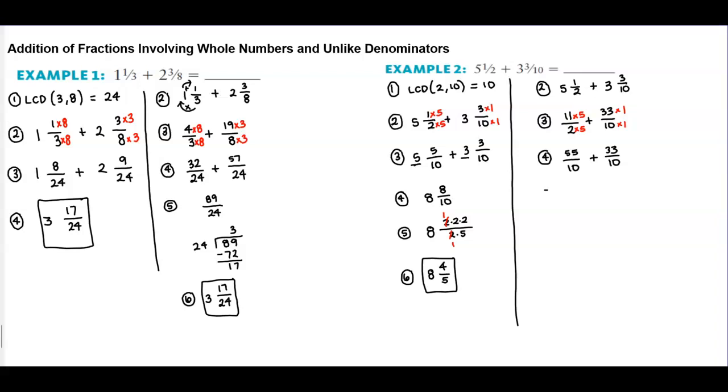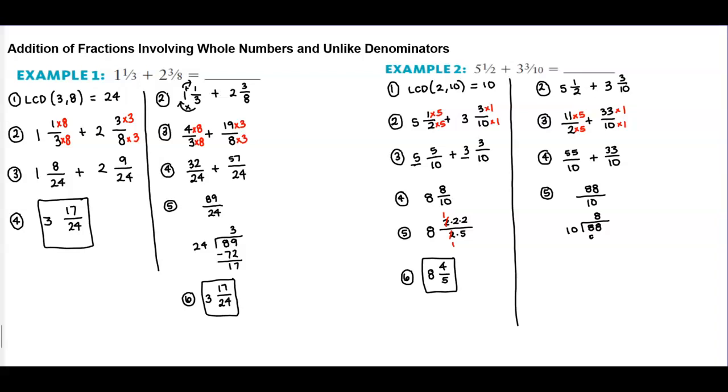Okay, so now that we know that the common denominator is 10, we know that 55 plus 33 is going to give us 88. So now we need to convert this into a mixed number. So 10 is going to go into 88 how many times? We know that 10 goes into 88 8 times.